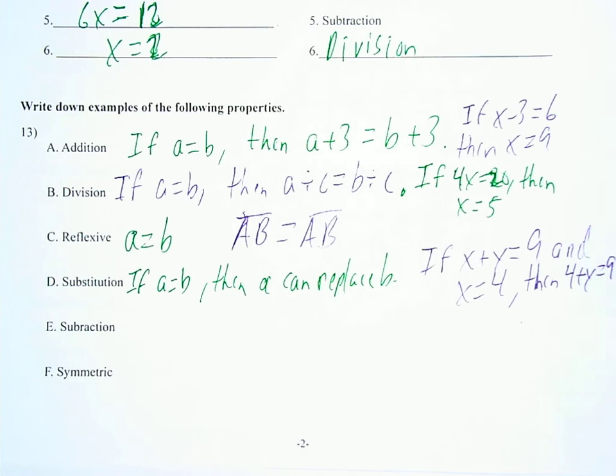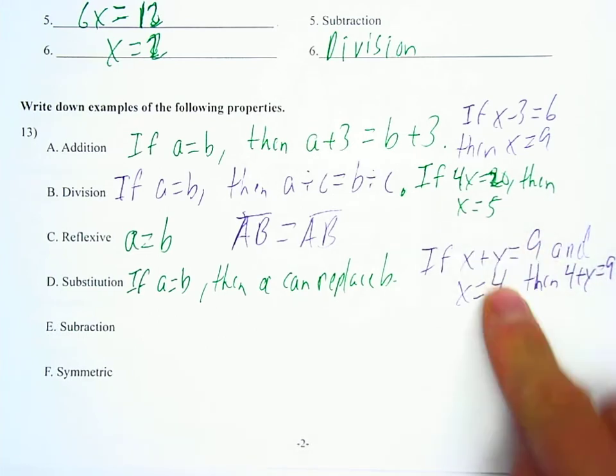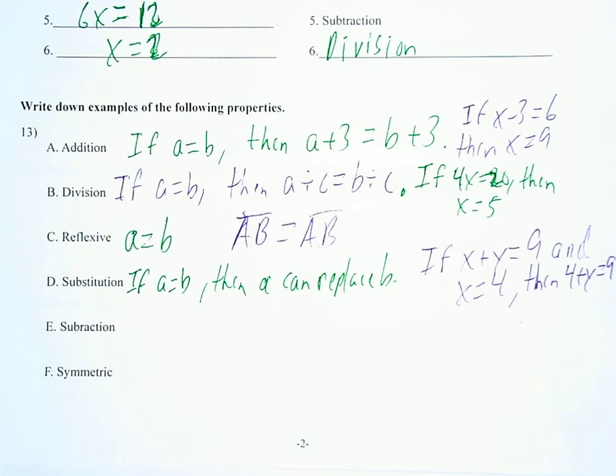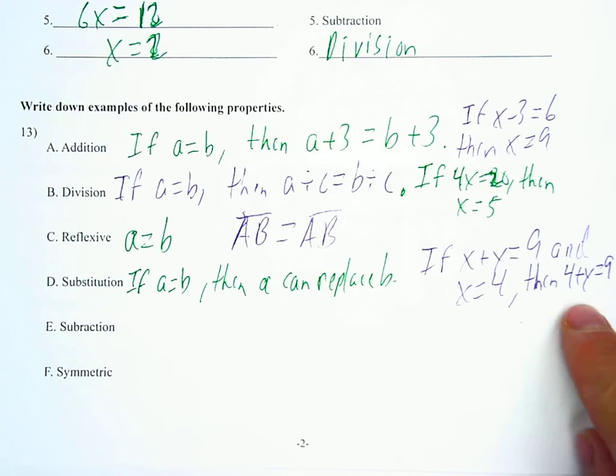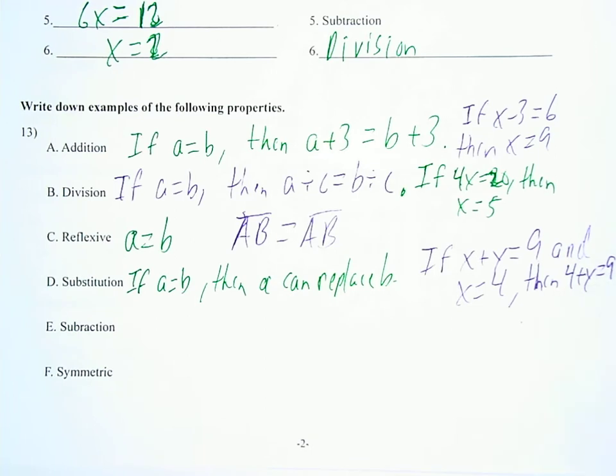Sorry, not the 4 with a y, the x with a 4. So I replace the value of x with a 4. 4 replaces x. That's called the substitution property. And I could also do subtraction here to get y equals 5 in terms of my finished answer. So the finished answer here would be y equals 5.